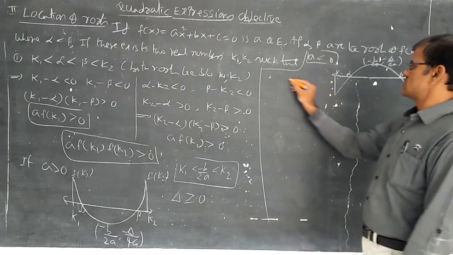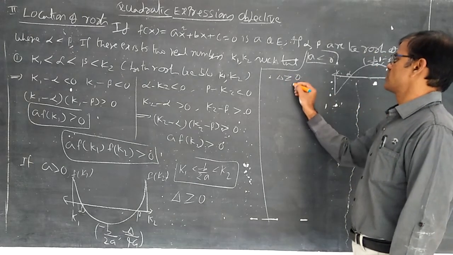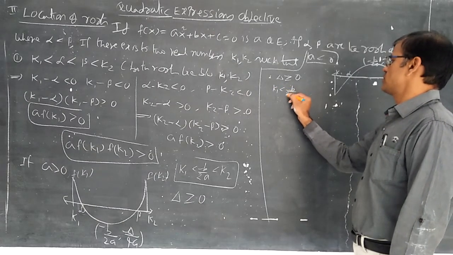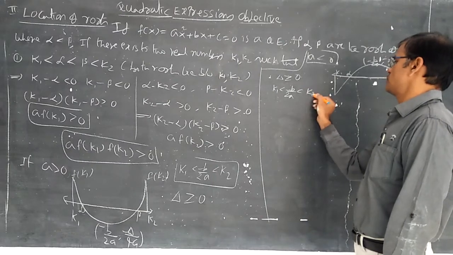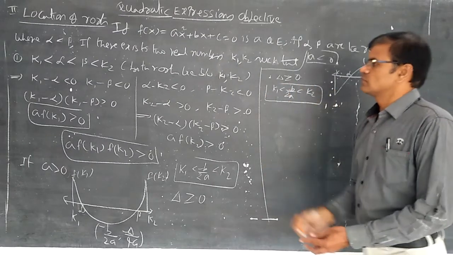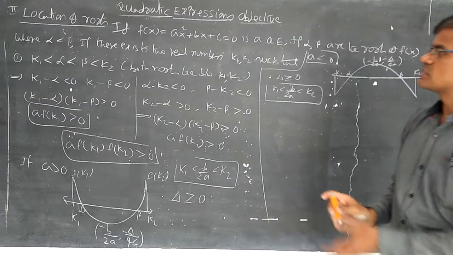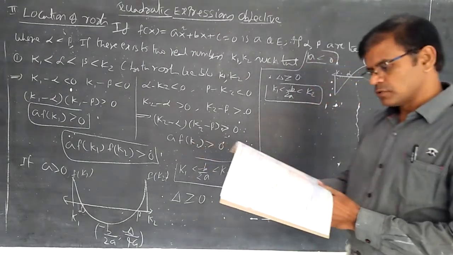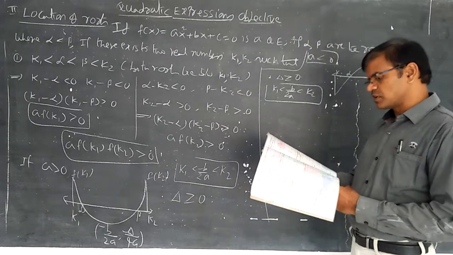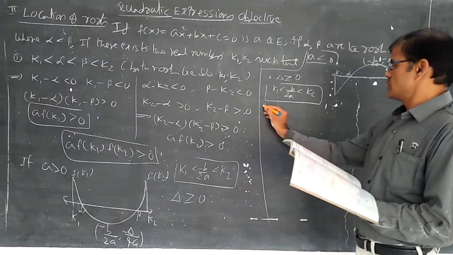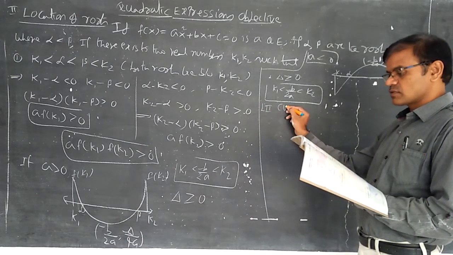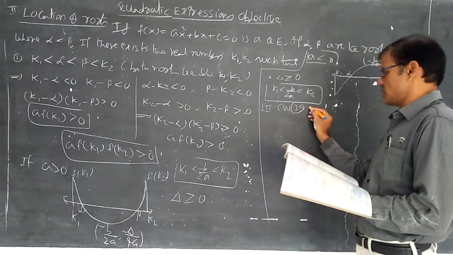Here also delta greater than or equal to 0 and k1 less than minus b by 2a less than k2. Now using this concept, both roots lie between k1 and k2. First concept, Roman number 2.